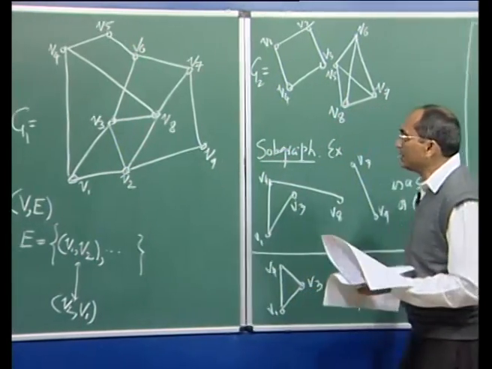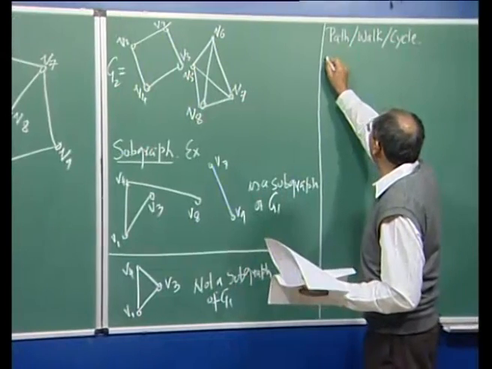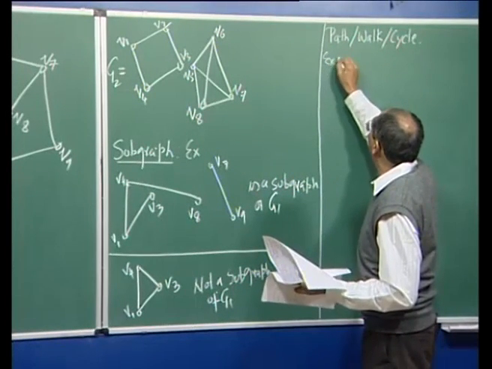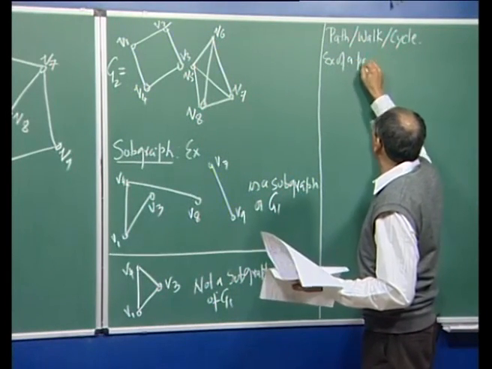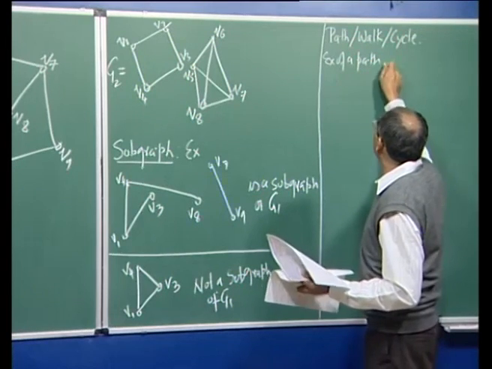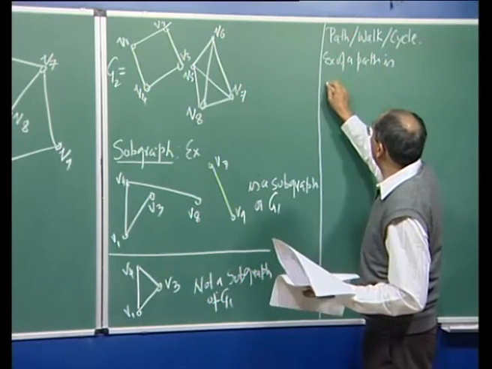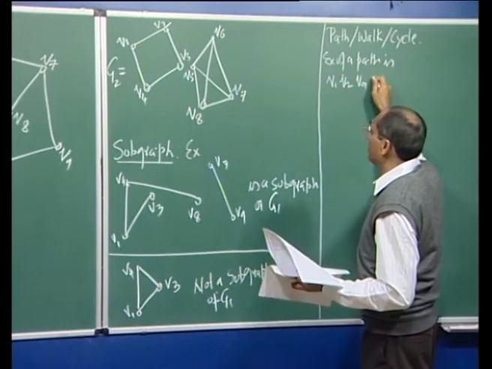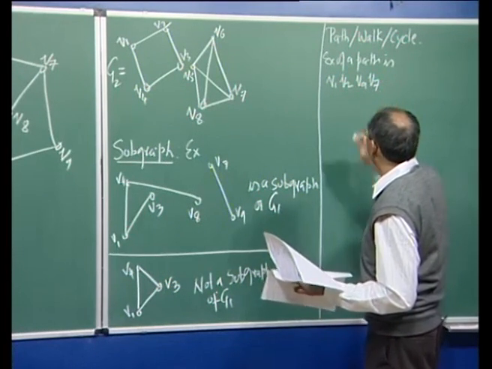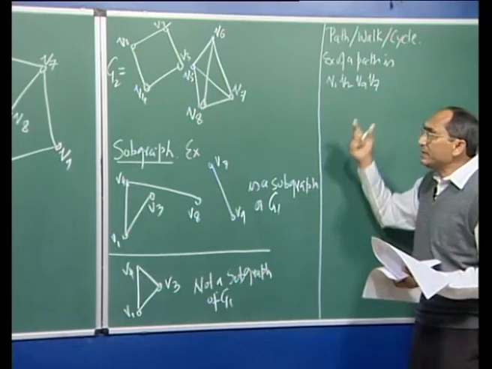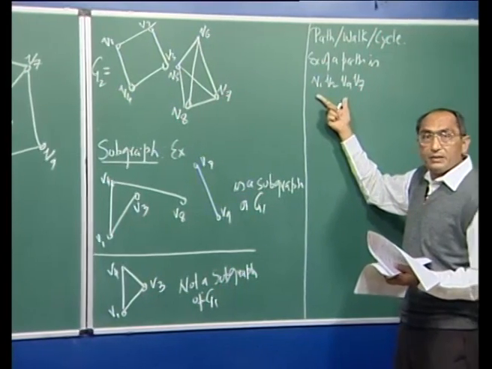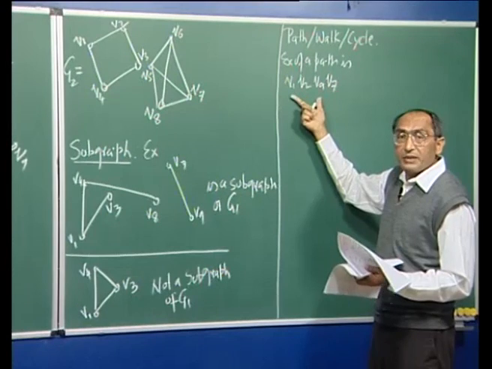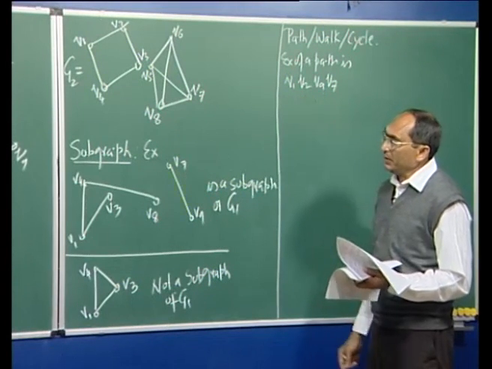So, in this case, an example of a path is V1, V2, V9, V7. The condition is that no vertex should repeat in the path.